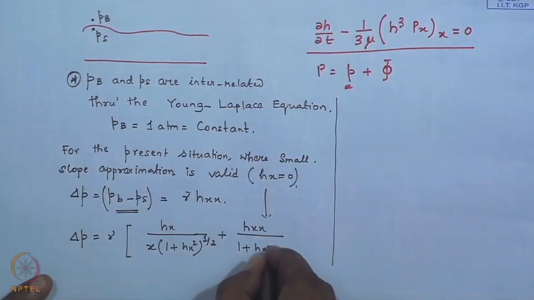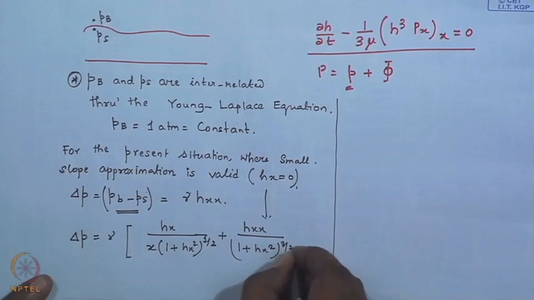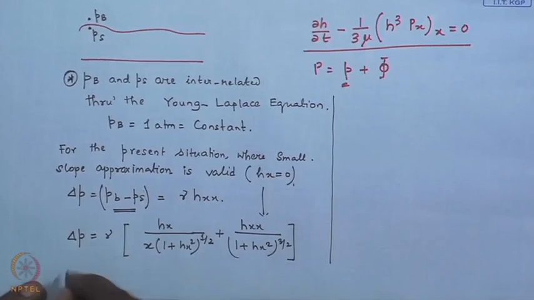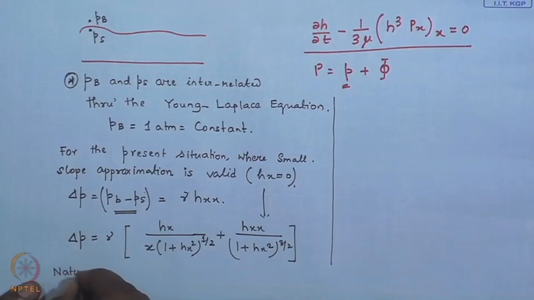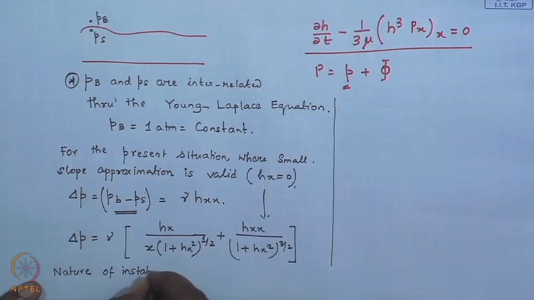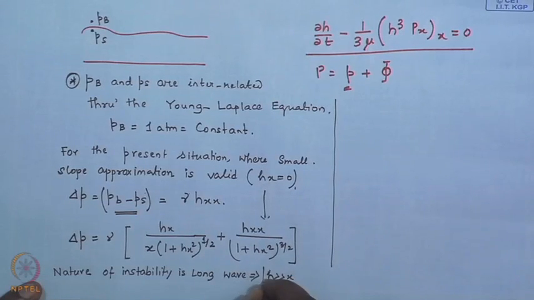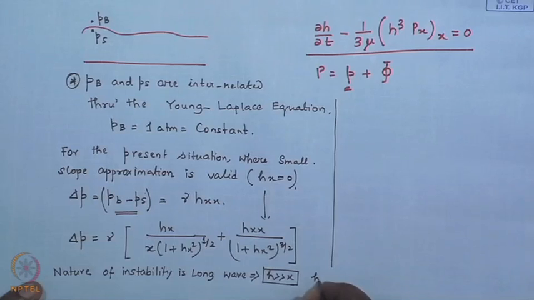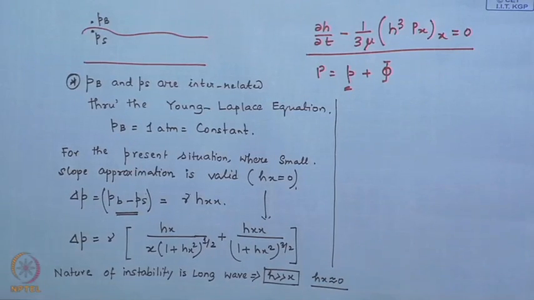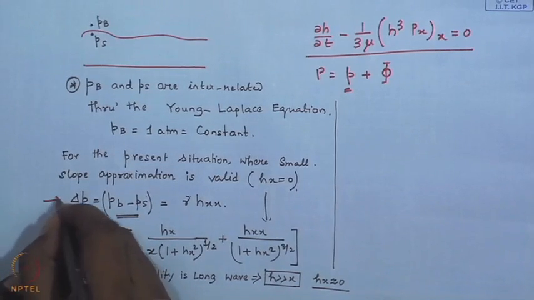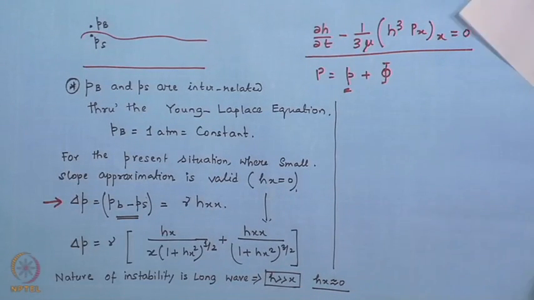And if we assume that the nature of instability is long wave, that is h is much larger than x, then of course, one gets Hx close to 0, and therefore, once you substitute that, you get to this form of the Young-Laplace equation.